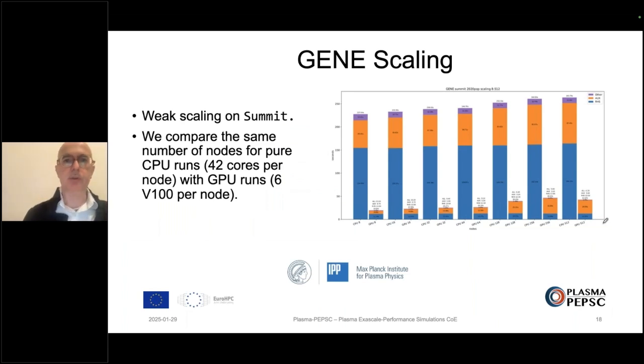We have different scaling results, and I just want to showcase one. We have a GENE-X scaling on a number of different architectures. This is a weak scaling, so it means that if you increase the number of CPUs or GPUs, it should be a flat line in the ideal case. So anything going up shows a little bit of inefficiency when increasing the number of resources.